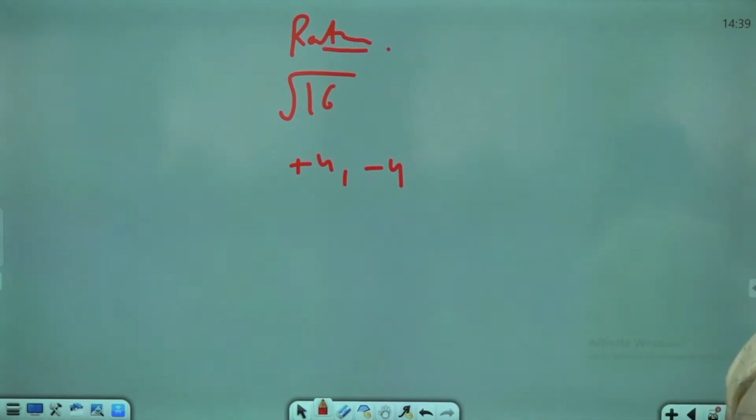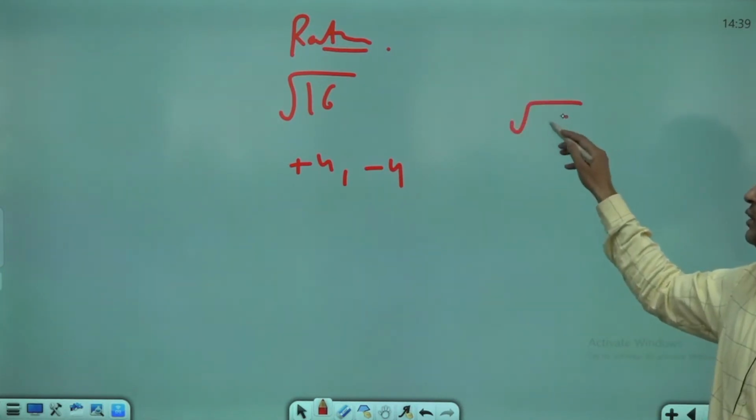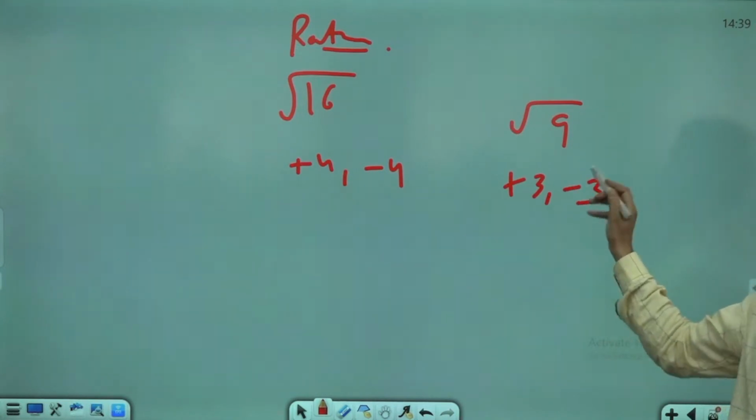It is actually an integer. Root 16 cannot be irrational because it is actually an integer. If it was root 9, that also is either plus 3 or minus 3.